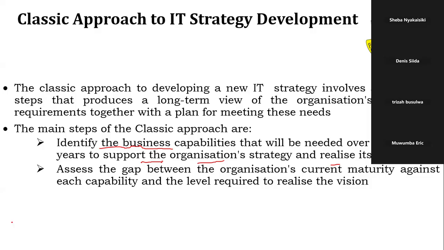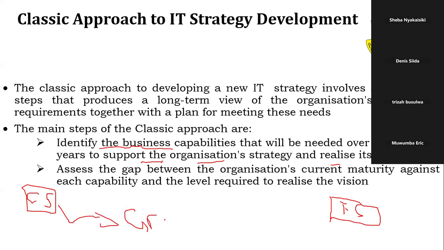Let's say we had a diagram, which has the current state, CS, and then the future state where you want to go, which is the goals, the vision. In between, you would have identified gaps that are stopping you from getting to this point.